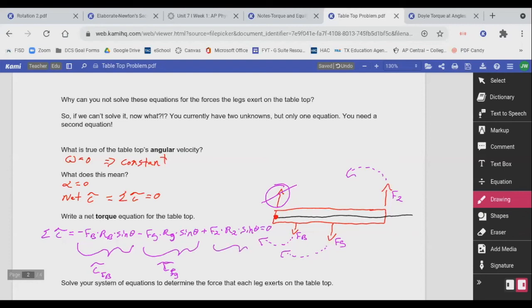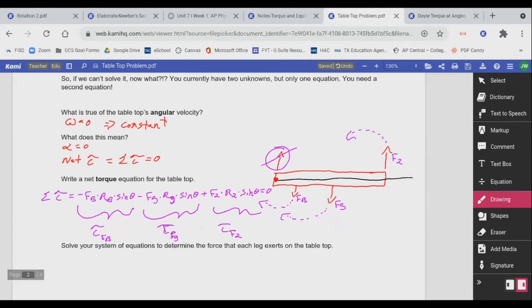And then this is the torque from F2. And I'm summing those torques together. Clockwise are negative, counterclockwise is positive. Just remember the jar rule. You know, righty tighty screws it down, down is negative. Okay.